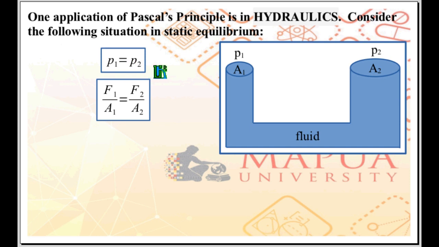And since P is just force divided by area, P1 is equal to F1 divided by area A1, pressure at area A1, and P2 is equal to F2 divided by A2, pressure at area A2. F1 over A1 is equal to F2 over A2. Application of Pascal's principle.